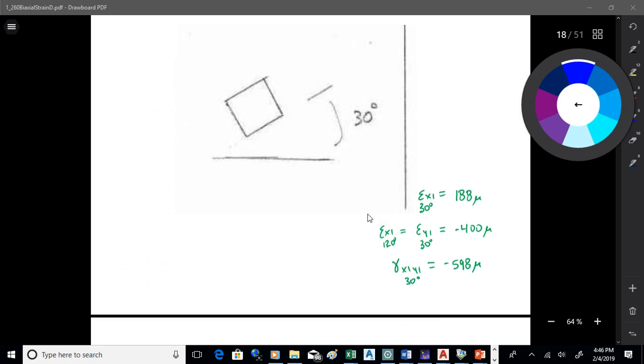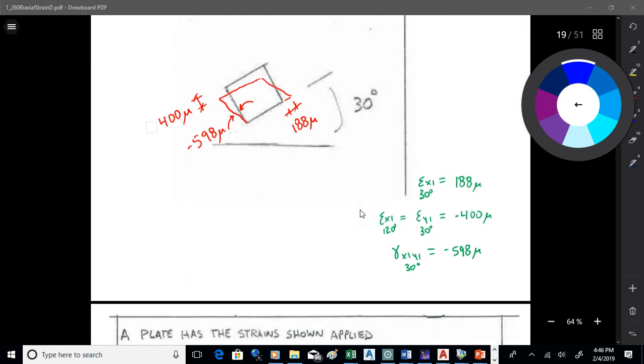So I know that epsilon x1 at 30 is 188 positive, epsilon y1, which is epsilon x1 at 120, same thing, negative 400, and gamma x1 y1 at 30 is negative 598. So if I'm going to sketch that up, it's going to look something like that. It's going to lengthen at the 30-degree angle by 188 times 10 to the minus 6.